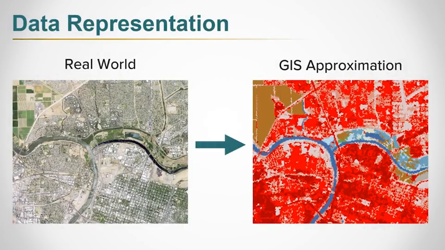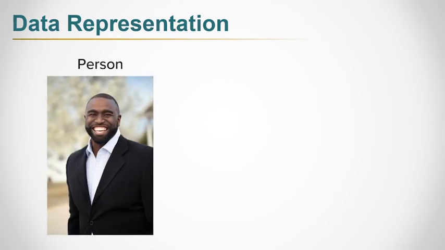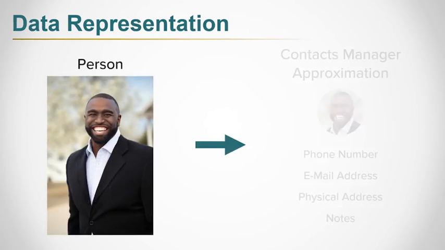Before we dive in, I want you to think about data collection for a moment. In some way, data collection is always an approximation of the real world. We can't capture everything about a location in our data, so we discard the information that's not important to our particular application of that data and collect the things that are meaningful to us, whether it's how it looks or what it does. For example, think about the Contacts Manager application in your phone or in your Rolodex for some of you.